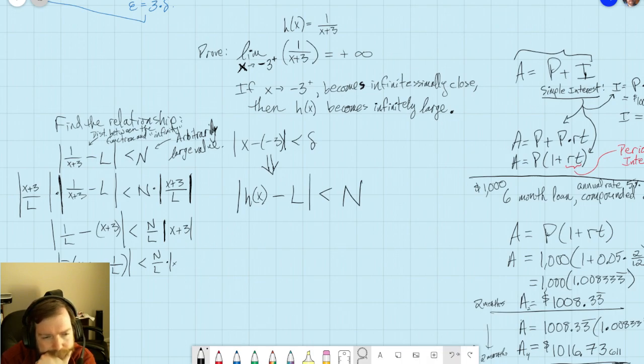Cool. Alright, we're running out of steam here. Alright, then here, this -1 can be absolute valued on the inside. And then we got x plus 3 minus 1 over L less than n over L absolute value x plus 3.